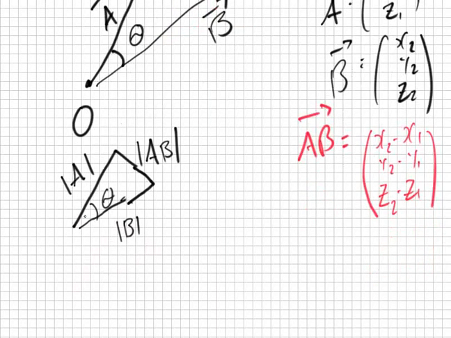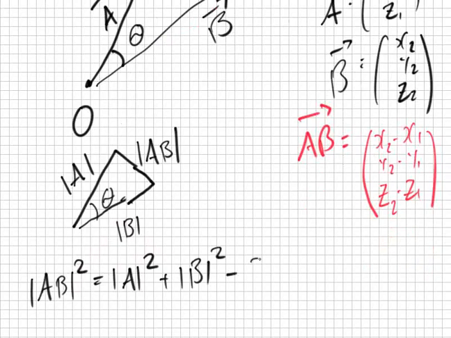How can we find the angle of one of the sides? By using what rule from semester 1 trigonometry? Cosine rule, very good. So you can say that AB squared equals A squared plus B squared minus twice A, B, cos theta.